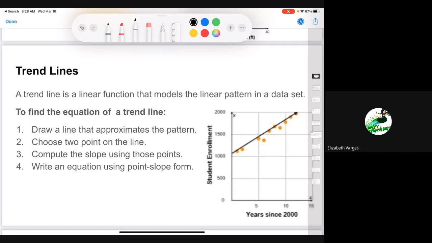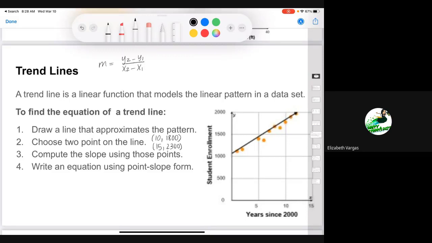So for example, say that I chose 2 points: 10 and 1800, and 15 and 2300, right? So those are my 2 points. Now what I want to do is compute the slope between those 2 points. I want to find the slope that represents those 2 points. So I'm going to use my slope formula: y2 minus y1 over x2 minus x1.